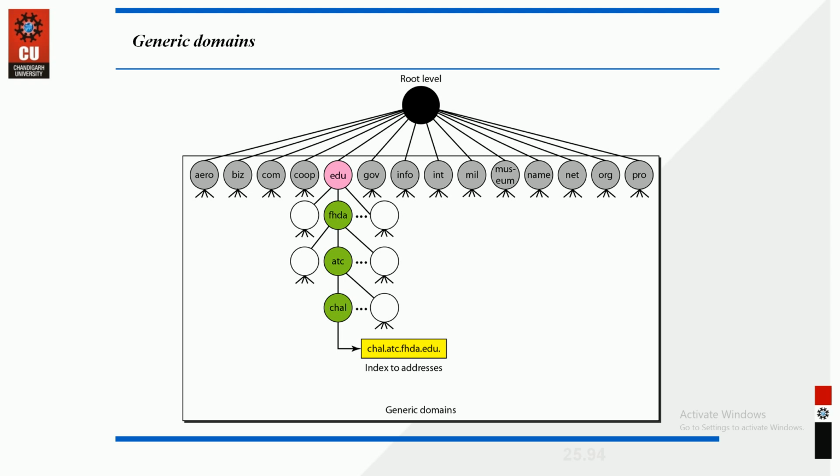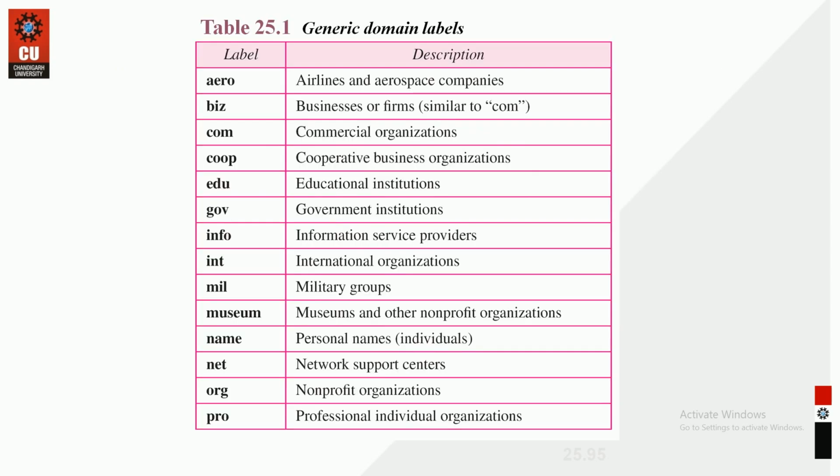Generic domains: .aero is for the aerospace industry, .biz for business, .com generally for commercial, .edu for educational purposes, .gov for government purposes. So these are the various domains that can be used for different purposes. These are the generic domains, right? Aero, airline, business, commercial, educational, government institutions.